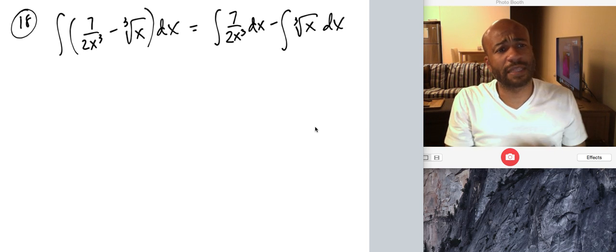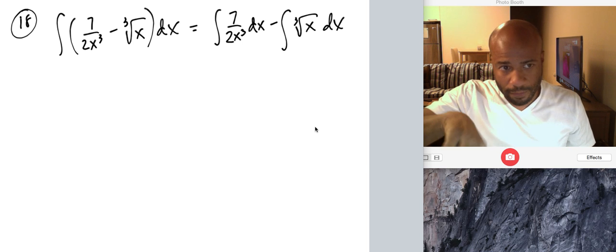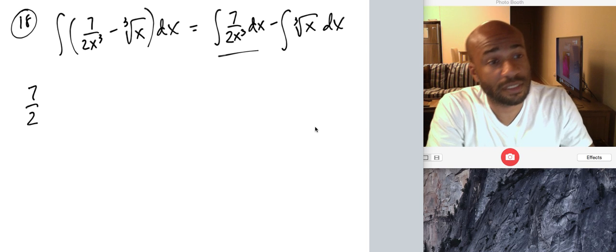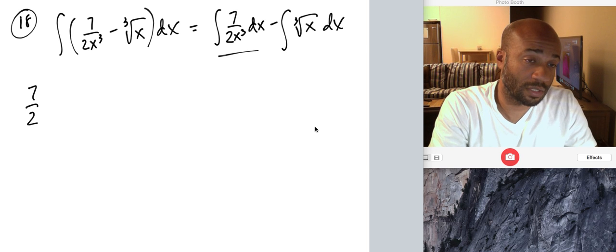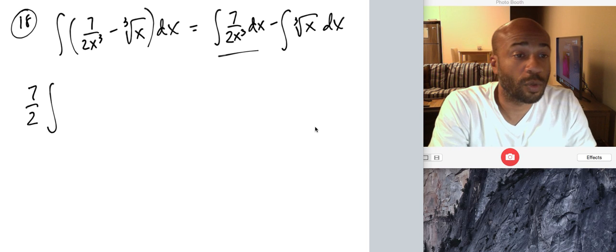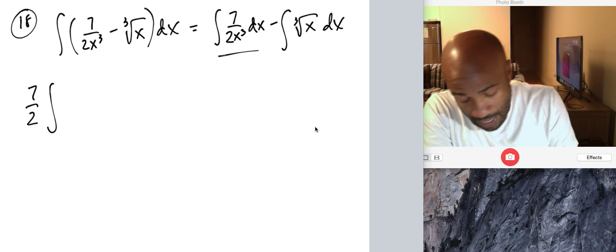And now let's simplify this a little bit more. For the first integral right here, I'm going to pull out the 7/2 because that's the constant, or the number that's in front of the function, which is 1 over x to the third. And I'm going to have 1 over x to the third dx.